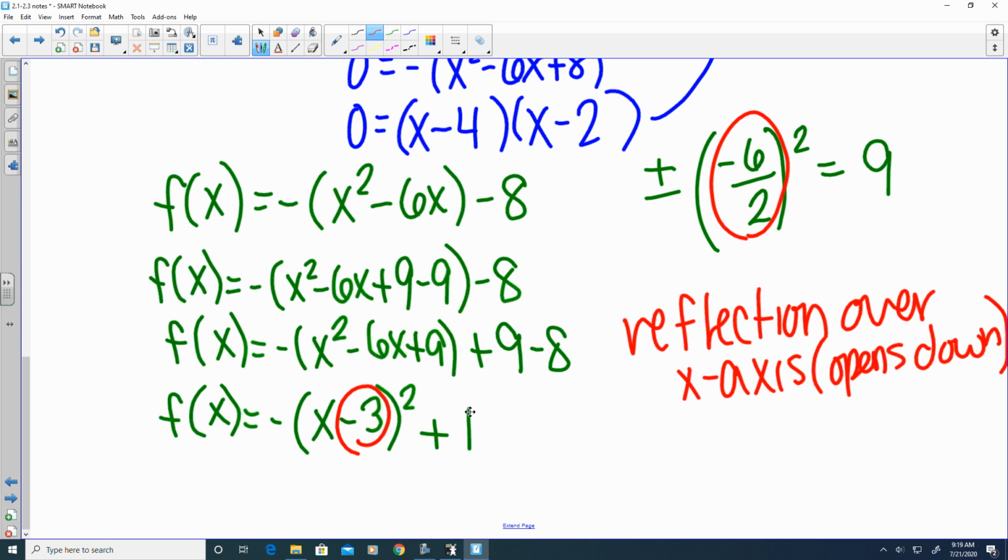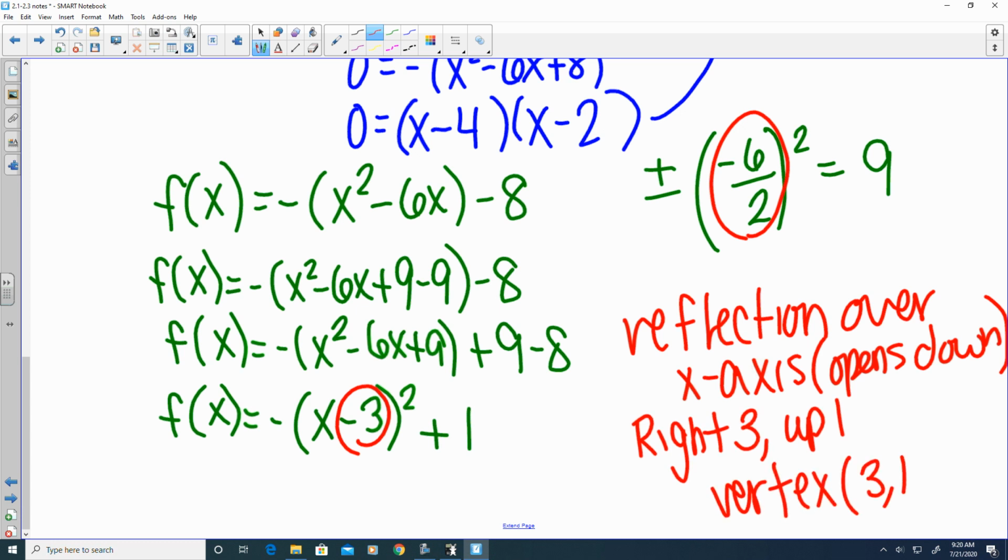Then I have a movement to the right 3 and up 1, which makes my vertex (3, 1). Okay, let's keep going.